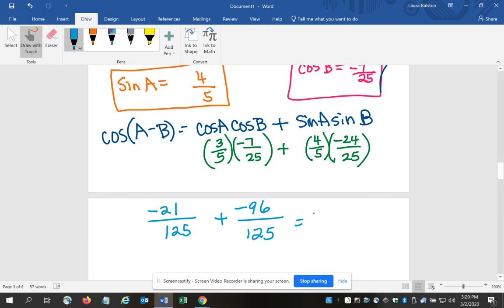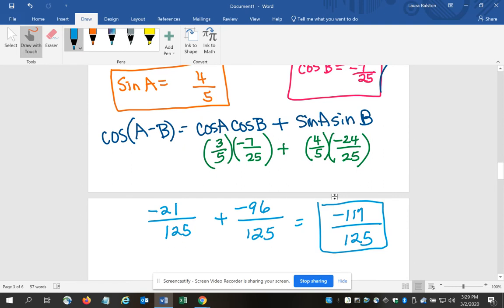So we have negative 21 over 125 plus negative 96 over 125. So when you add those two numbers together, we're going to get negative 117 over 125. And there's your answer for cosine of A minus B.